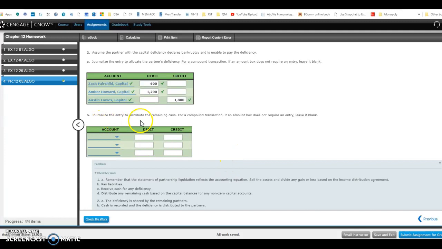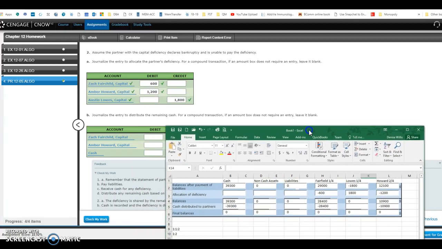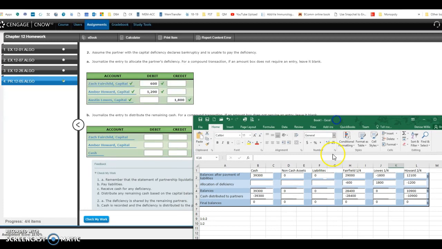Okay, now journalize the entry to distribute the remaining cash. Fairfield and Howard are both going to get cash. We're going to reduce their capital accounts when they get it. So Fairfield and Howard, and then we're going to take it out of cash. So those are our accounts, and let's get the amounts over here. It's just going to be their ending amounts.